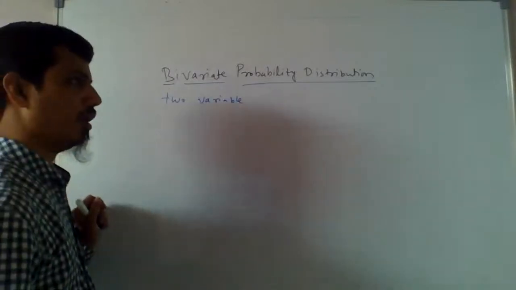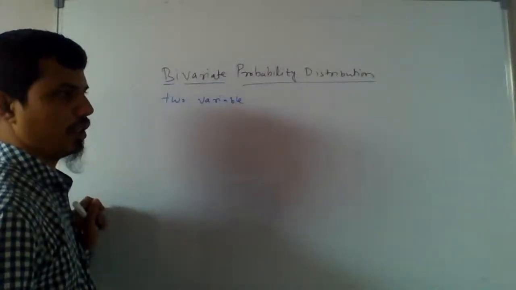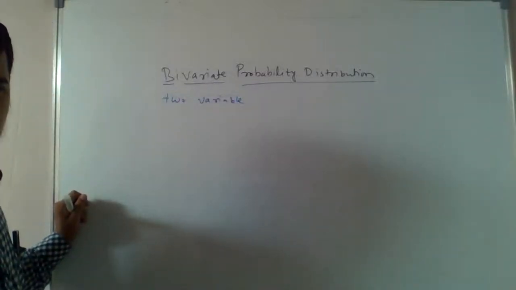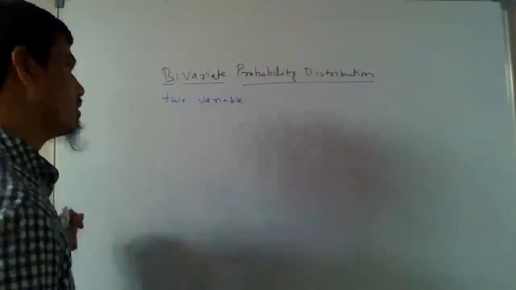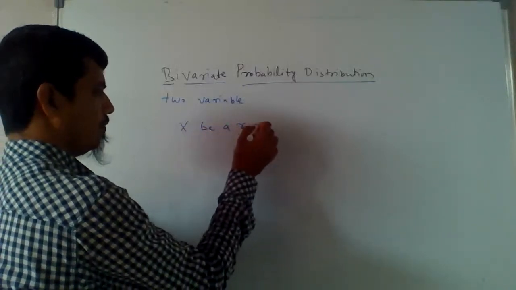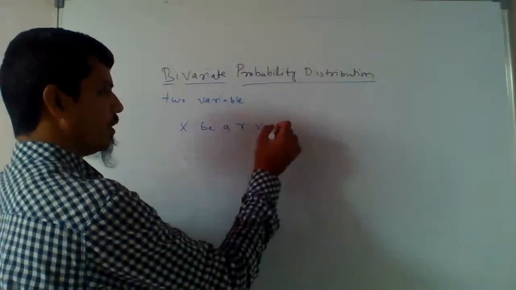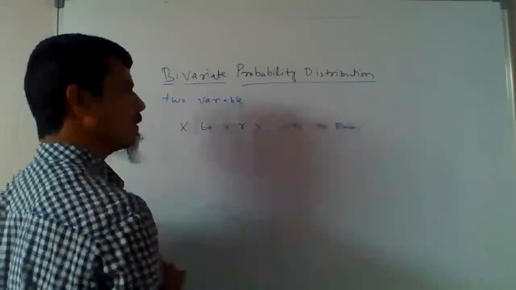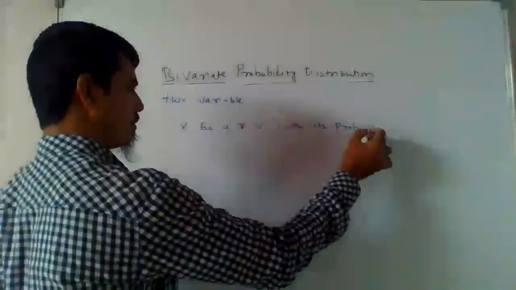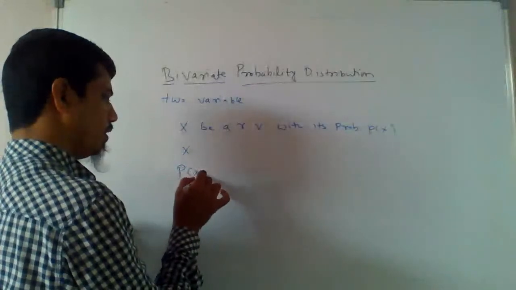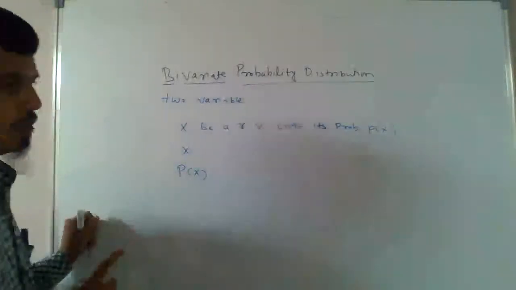So recall what we mean by probability distribution. First, recall what we mean by single variate probability distribution, or simply the probability distribution. Assume that X is a random variable with its probability function p of x. That is called a probability distribution.